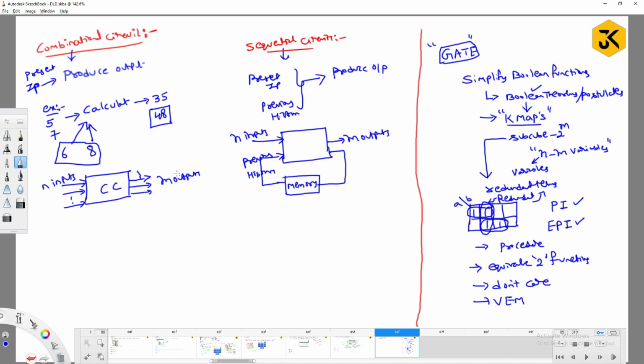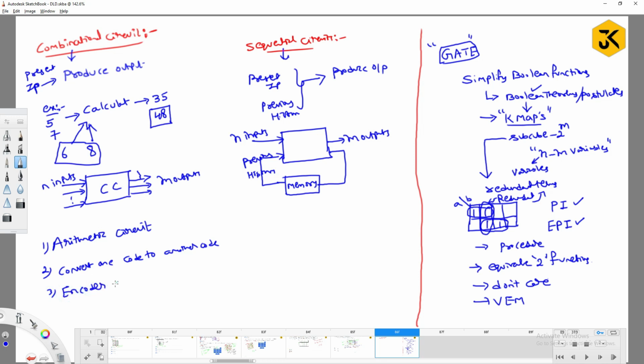Generally, if you take the basic examples, what comes under combinational circuits? We have various kinds of arithmetic circuits like adder, subtractor, multiplier. Those all come under combinational circuits. If you would like to convert one code to another code, those also come under combinational circuits.